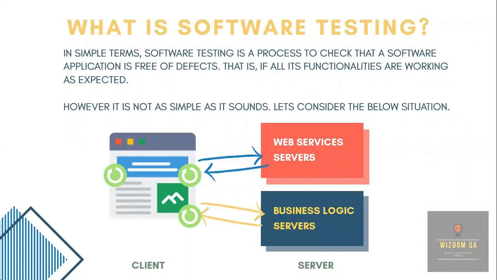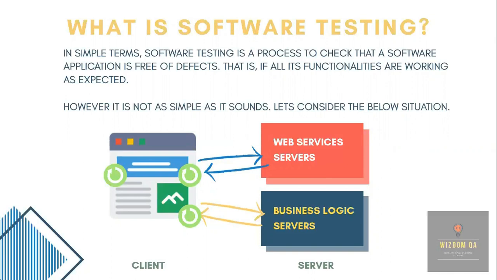So every one of these sections are working independently, or maybe they have some dependency on each other. But the point is that you need to understand as a software tester that this application is working as a whole.